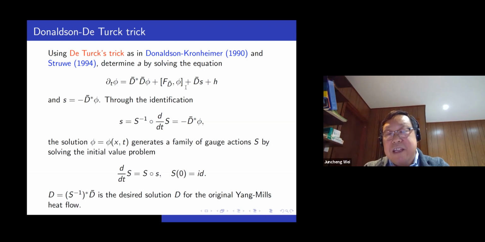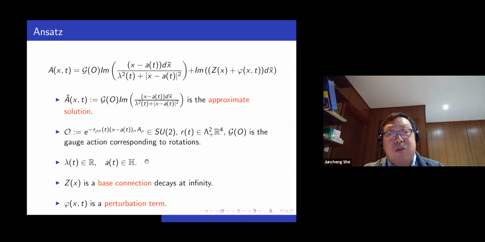So the gauge is solved by using the Yang-Mills flow. This De Turck trick was first used by Wei, also in the famous paper in 1994. Using this De Turck trick, our equation will become elliptic or parabolic.